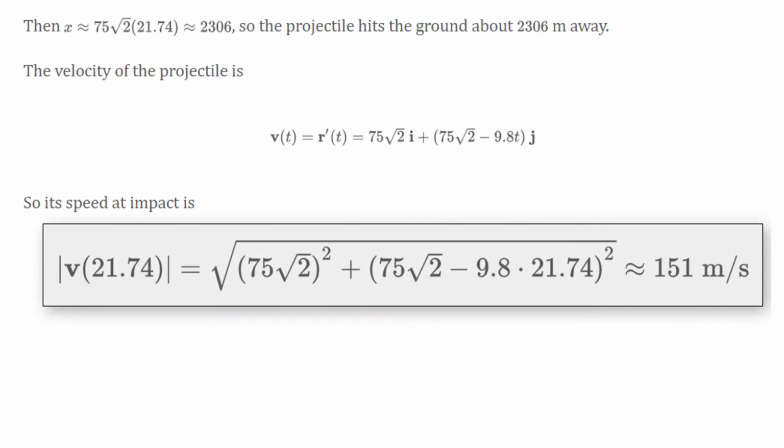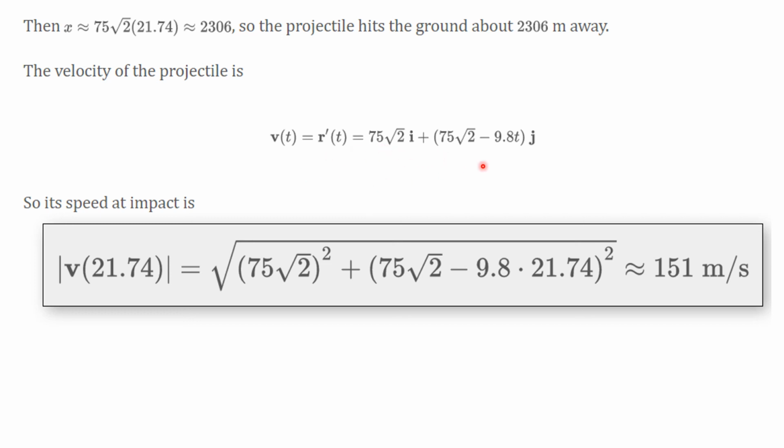But there was another question. The other question we wanted to know was, how fast is it going? Well, this is where it lands. So it lands a little bit over 2,300 feet from where we started. So it hits the ground that distance away, but the velocity is given by the derivative of the equation I had before.